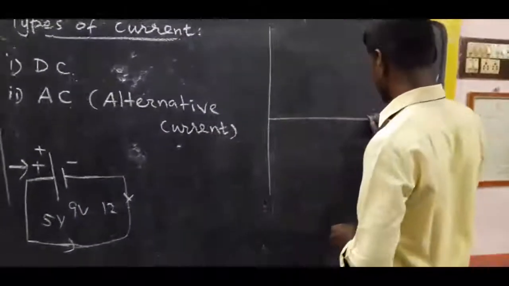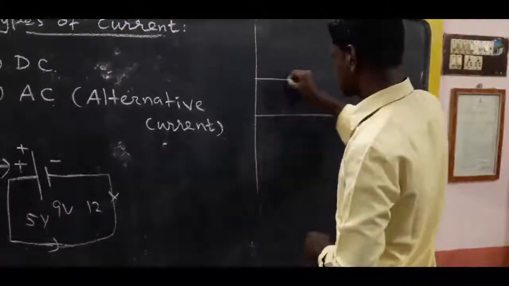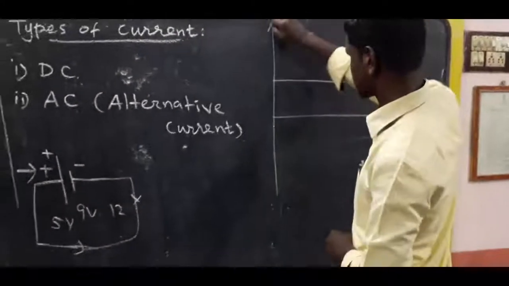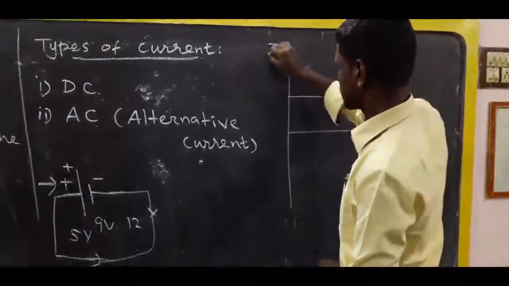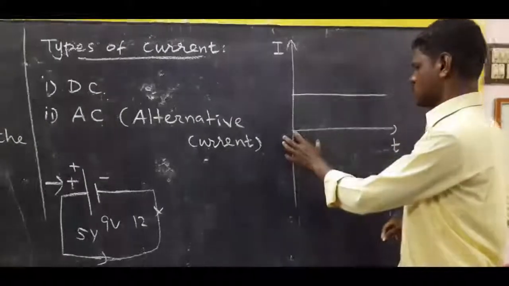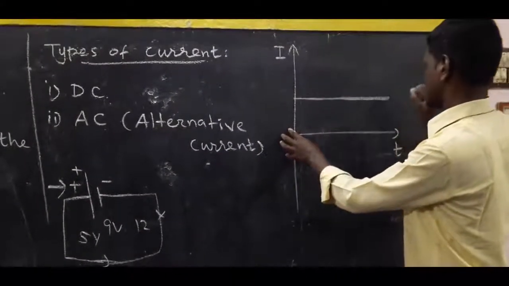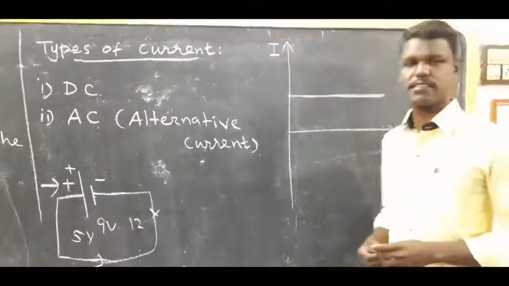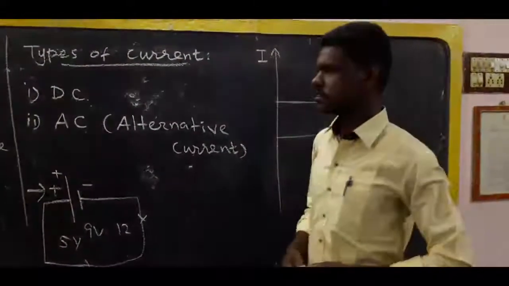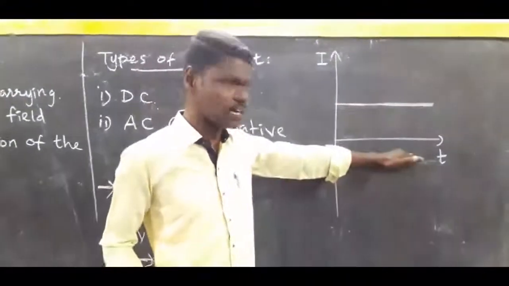The graph depends on time-varying current. On the x-axis we take time, and on the y-axis we take current. In that, constant current is shown in the graph for DC voltage. So DC current is constant current with respect to time.